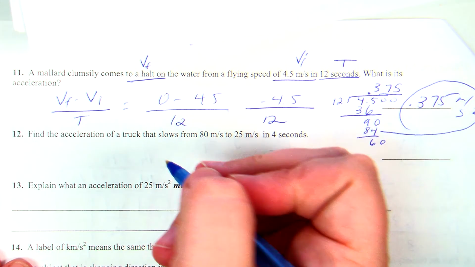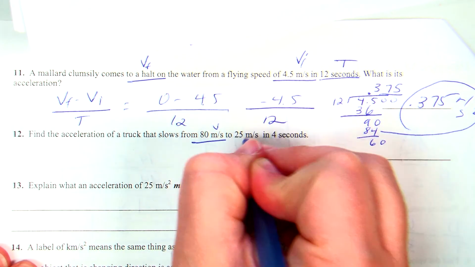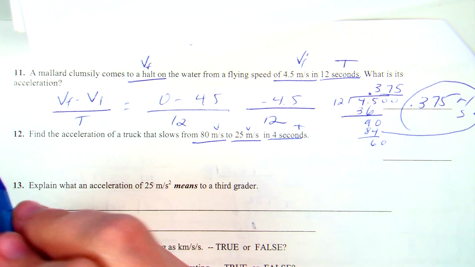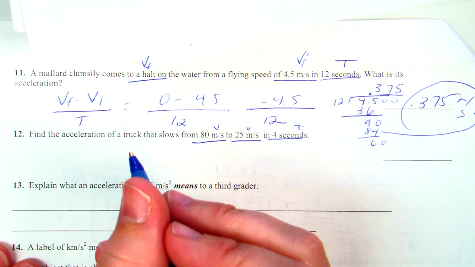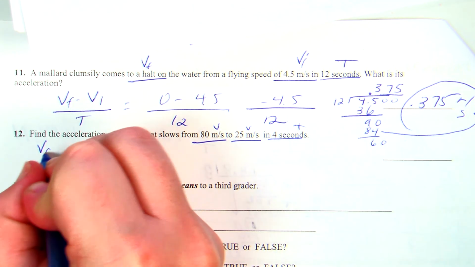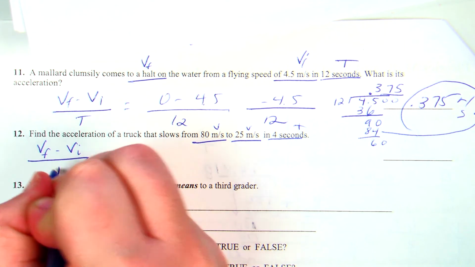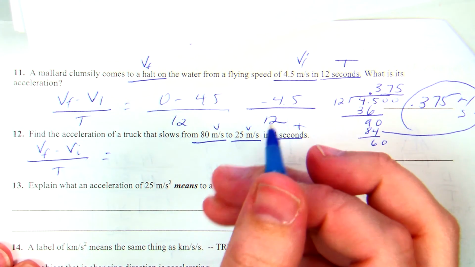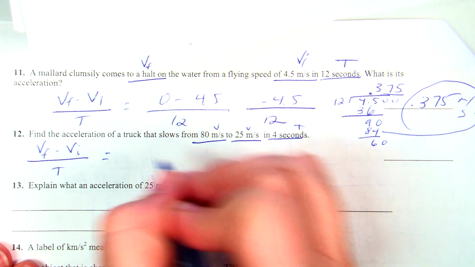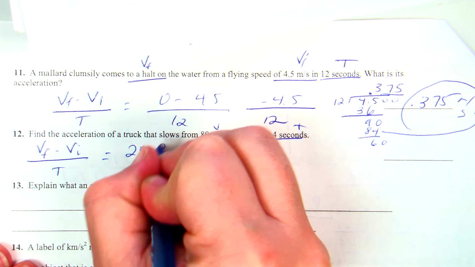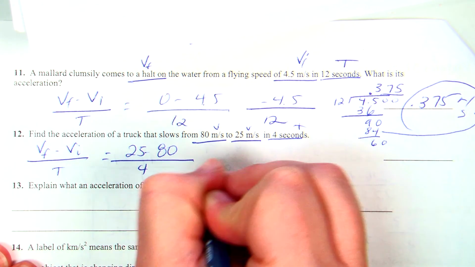Okay, acceleration of a truck that slows from 80 to 25 in 4 seconds. So you have the same formula. Velocity final minus velocity initial gives you 25 minus 80 divided by 4.